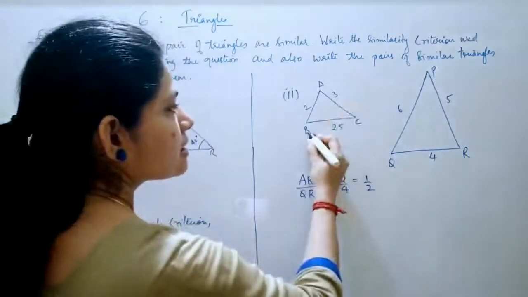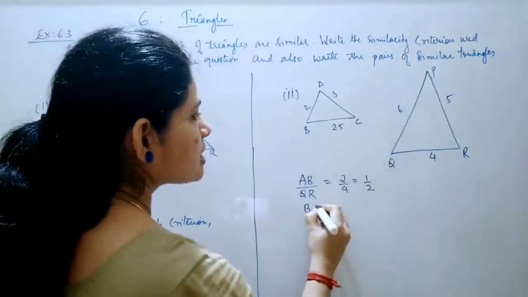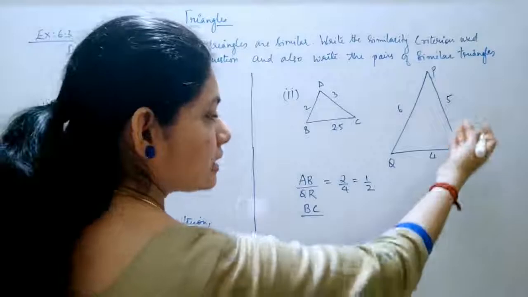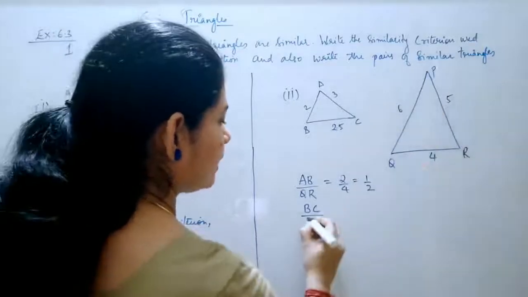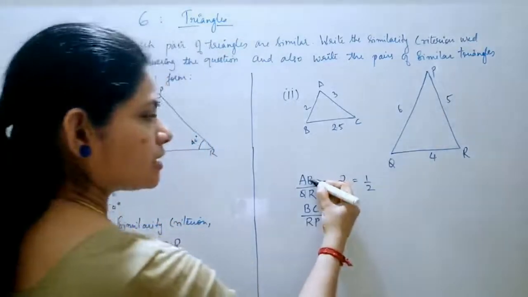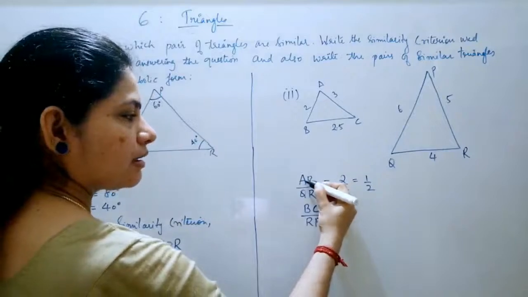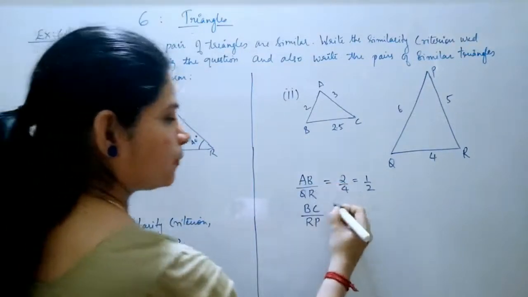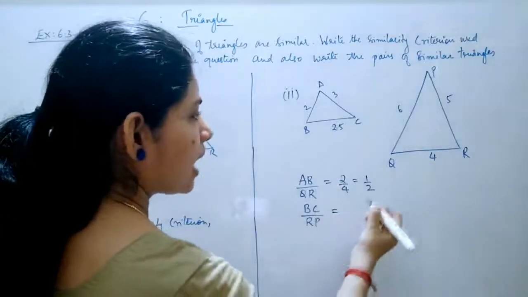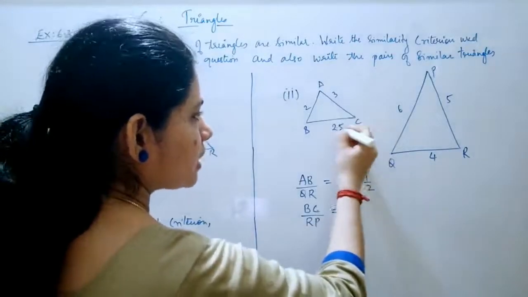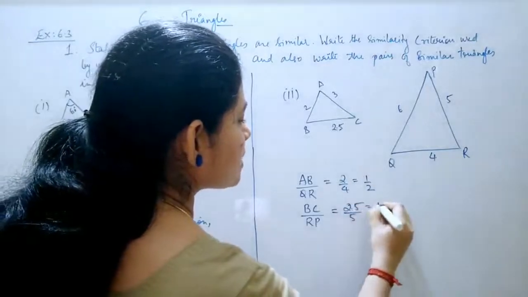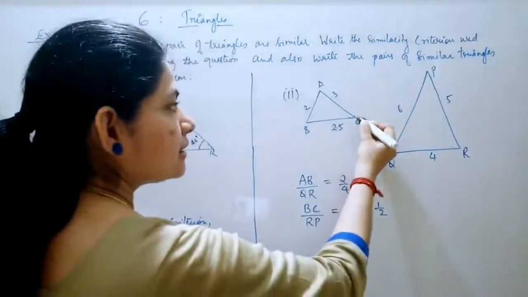And next thing is, if I am starting with B, it is BC. So I have to start this in this triangle with R, RB. Here you can see B, here it is R. Instead of A, it is just correspondingly coming with Q. So BC will give you RP as its corresponding side. So the ratio becomes 2.5 by 5, which is again 1 by 2. And the other thing is CA.